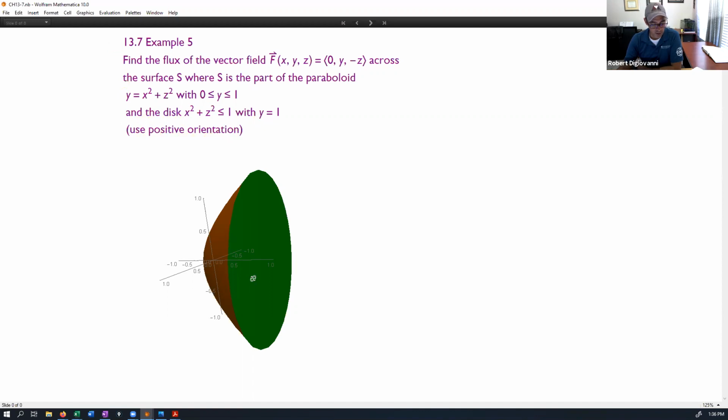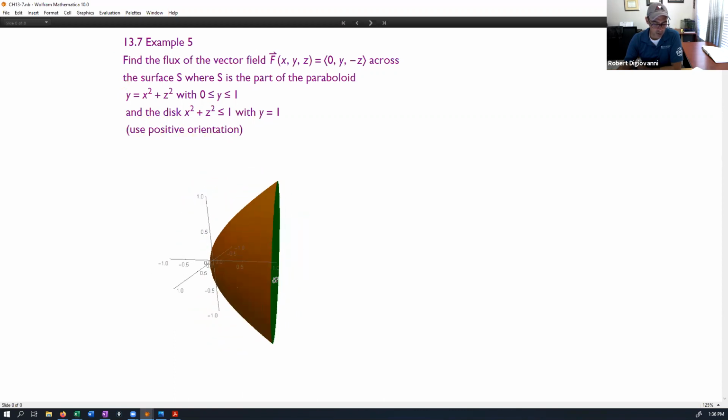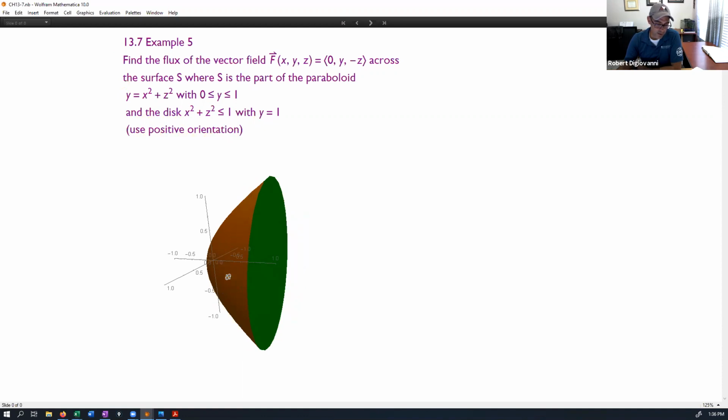All right, so here's the surface. It's actually two surfaces, the green one and that brownish gold one. The brownish gold one right here is y equals x squared plus z squared, where the y value is between 0 and 1. So it's like a paraboloid there.